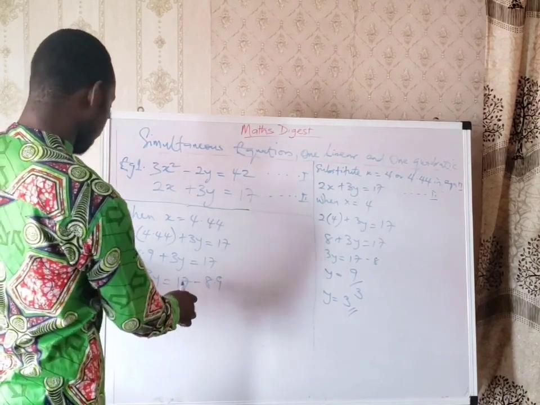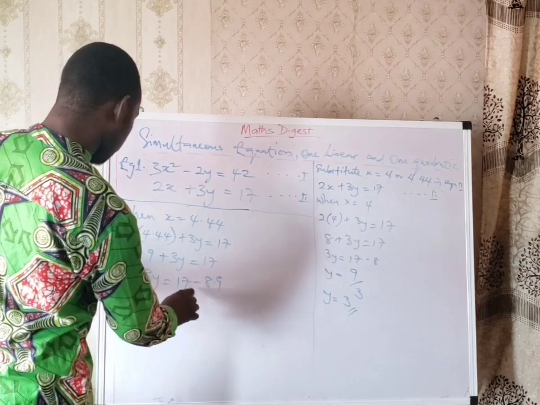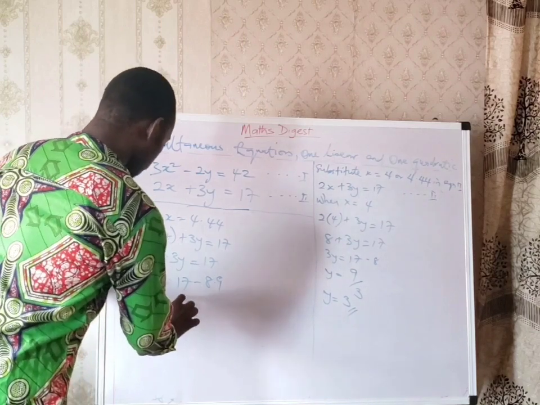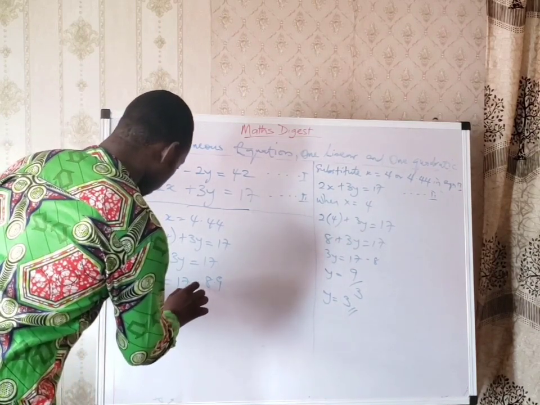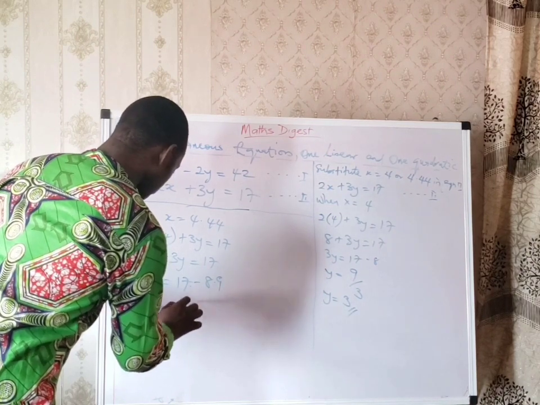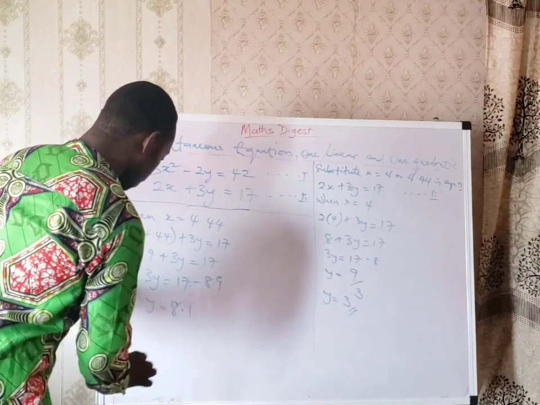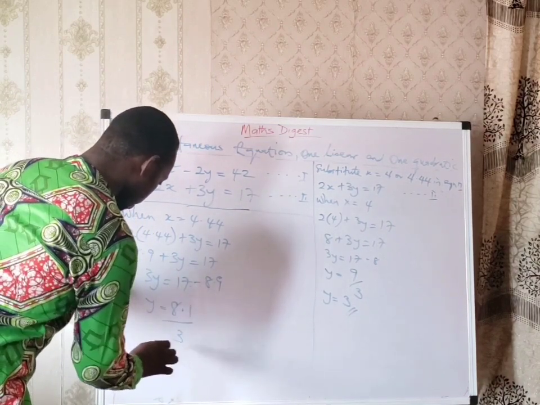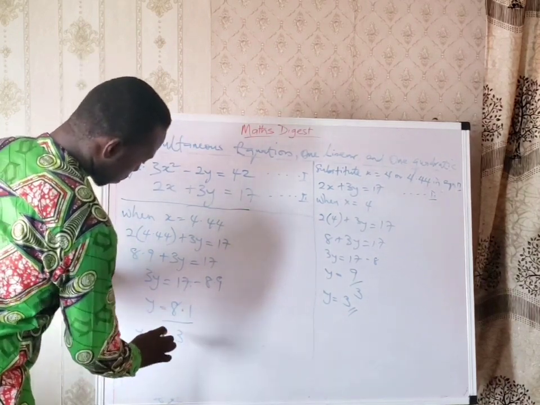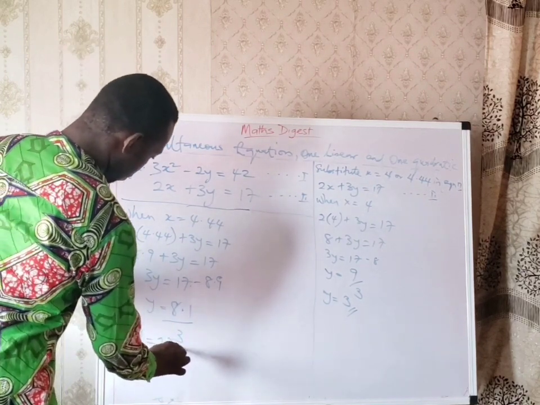We have 8.1, because this 0 here, we cross this, we have 1 here, remaining 16 here, so we have 8.1. Now over this 3, we find that y is equal to this divided here, we end up giving us 2.7.